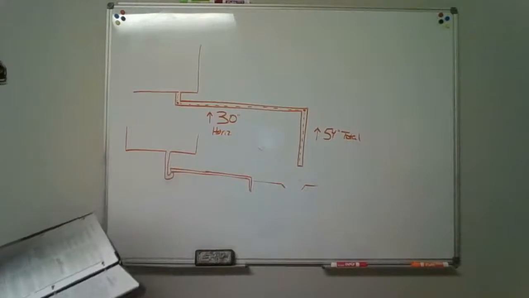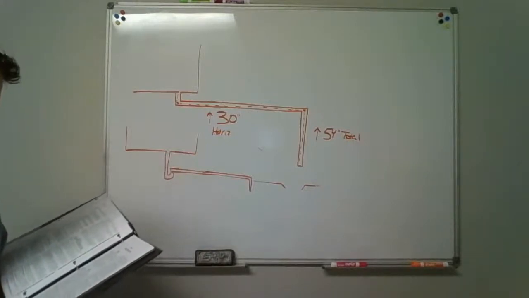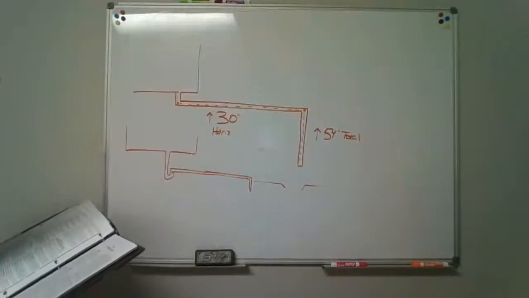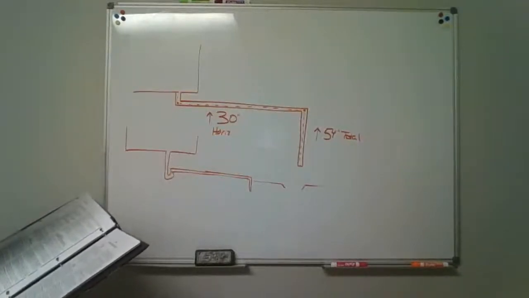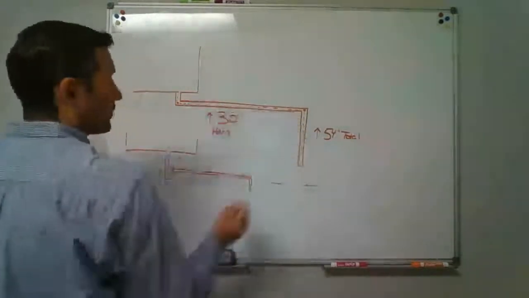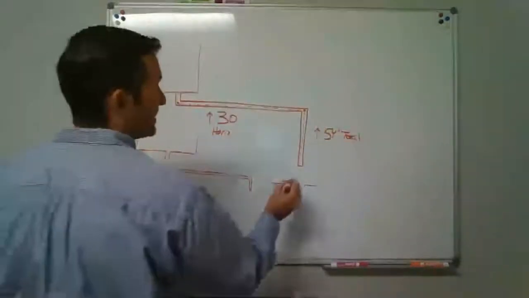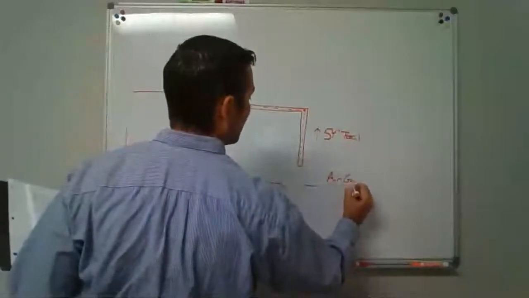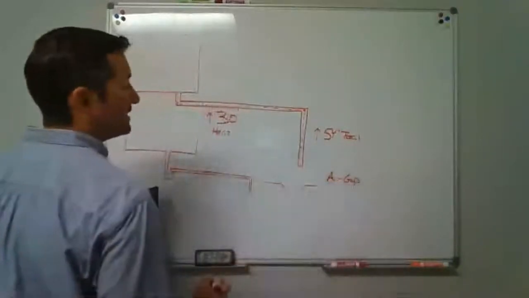Okay, air gap. The air gap between the indirect waste pipe and the flood level rim of the waste receptor shall be not less than twice the effective opening of the indirect waste pipe. So if this is our indirect waste pipe, we call this air gap because it's leaving a gap. Well, how big does that need to be?